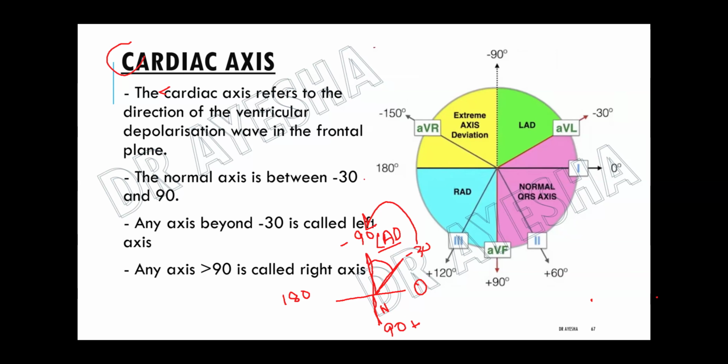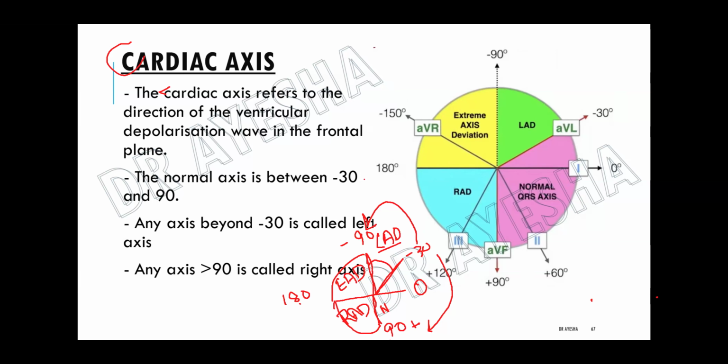So -30 to +90 is normal axis, -30 to -90 is left axis. Then this part, from +90 to +180, is right axis deviation. And then this part is called extreme axis deviation.